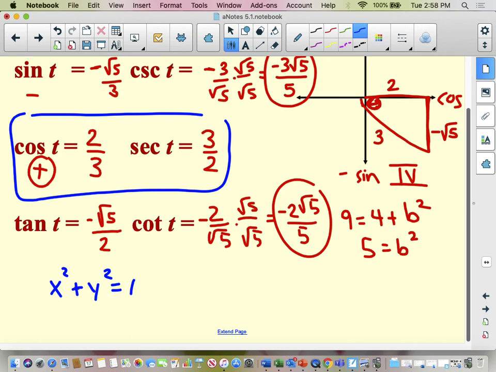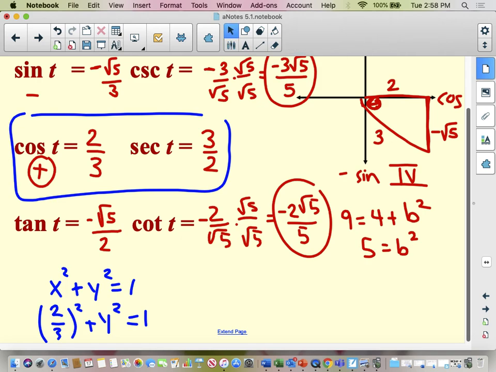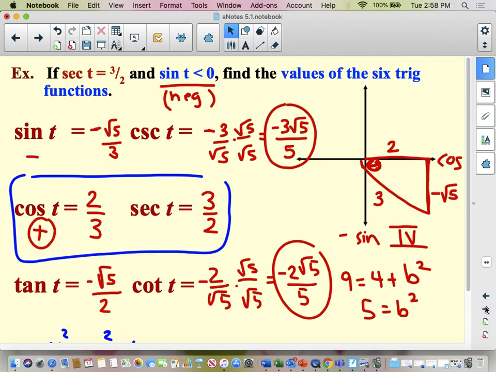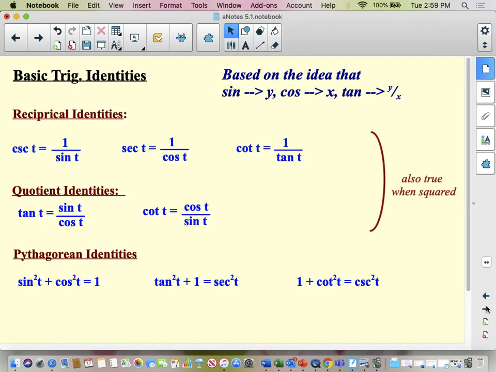I know my cosine is x, so that would be 2/3 squared, and then from there, you can figure out y. And y is sine, and once you know sine, you know cosecant, and if you know cosine and sine, you can use those ratios to find tangent. Okay, so we kind of did something like that in this previous example. So you have options, which honestly is what makes some of this hard.